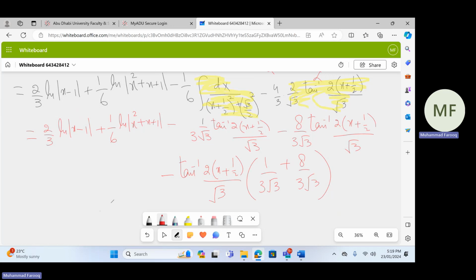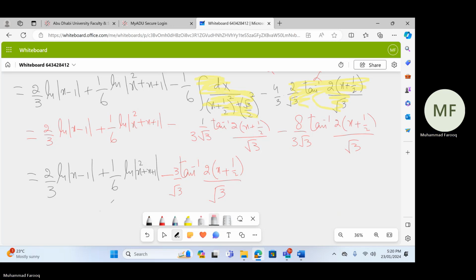Yes, exactly. Finally, this gives you 3 over root 3 when combined. And you have 2 more terms here: 2 by 3 ln x minus 1, then plus 1 by 6 ln x squared plus x plus 1.